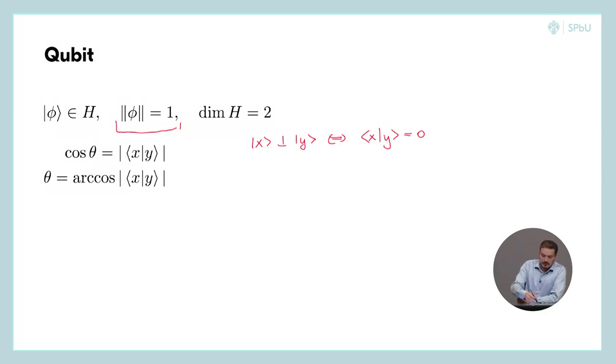Well, now we have this notion of orthogonal vectors, which allows us to define the orthonormal basis in this Hilbert space, like this.